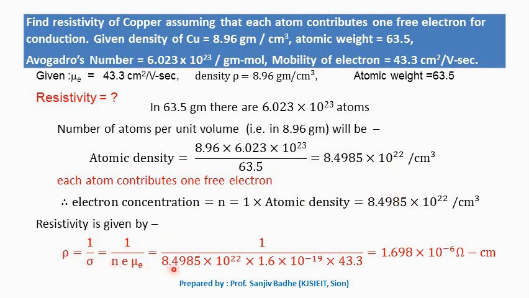So resistivity now can be calculated after substituting the electron concentration in this relation, and we can calculate it using the calculator as 1.698 into 10 raised to minus 6 ohm centimeter. So resistivity of copper in the given problem is 1.698 into 10 raised to minus 6 ohm centimeter.